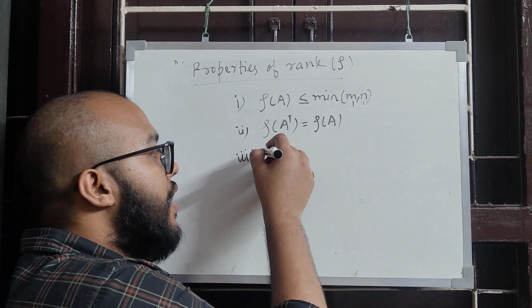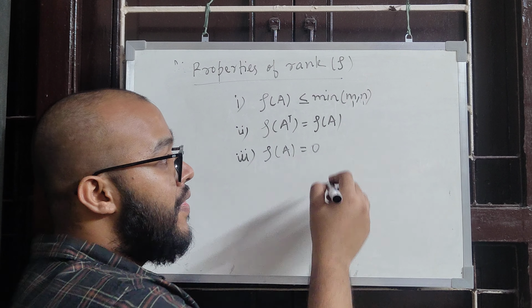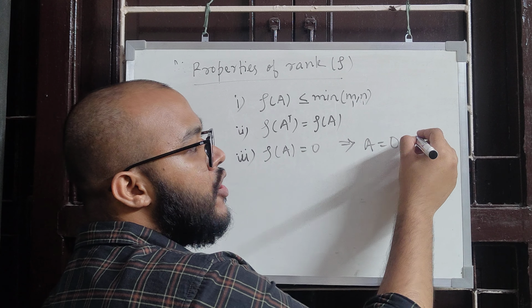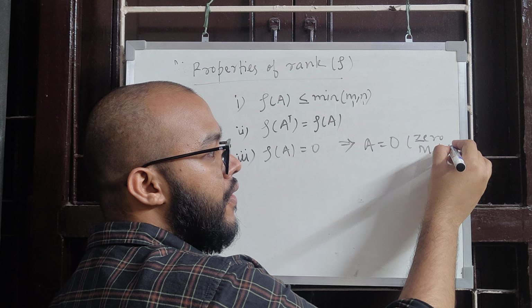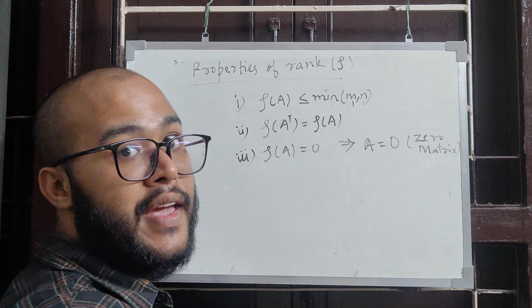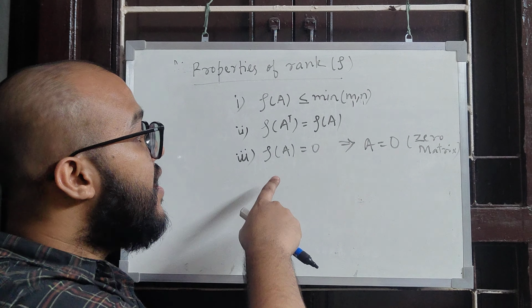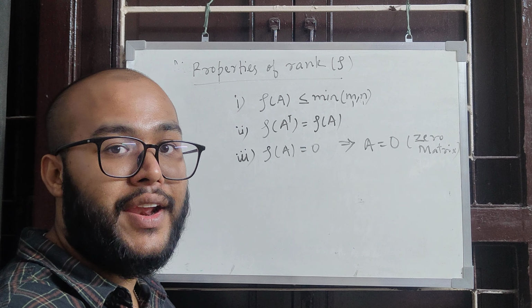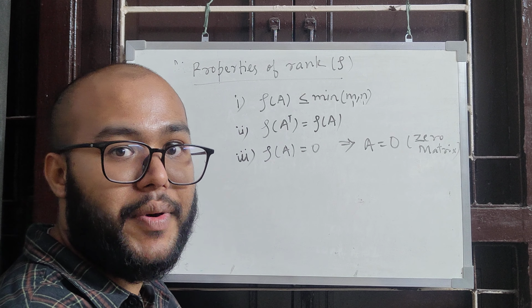If rank of A is 0, then A is a 0 matrix. In any other case, if A is non-zero, then rank of A can't be 0. Only in case of a 0 matrix will the rank of A be 0. So this is our third property.